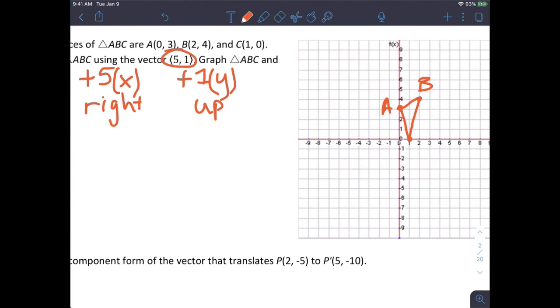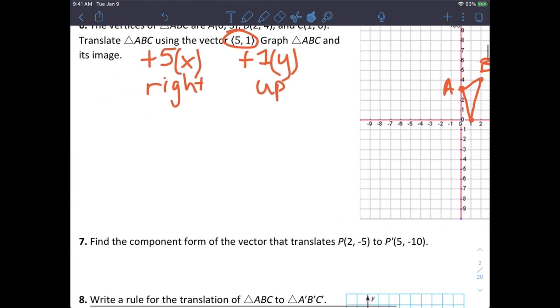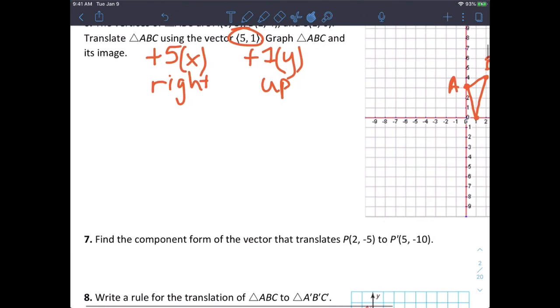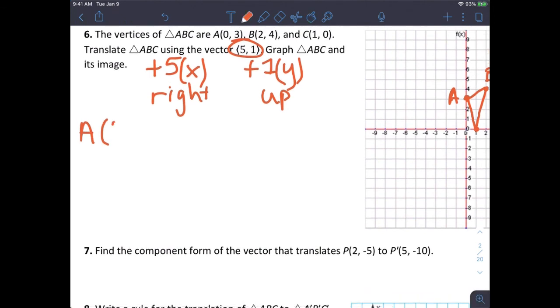All right, so let's look, what would our new points be? What are our image points going to be? So A started at (0, 3), and we're going to translate it to A prime. So we'll add 5 to each of the x's and add 1 to the y, so (5, 4). So A prime will be at (5, 4). That's the translated point.